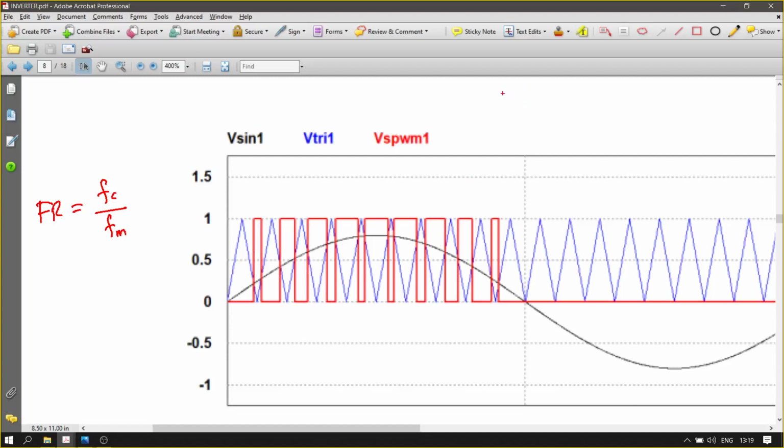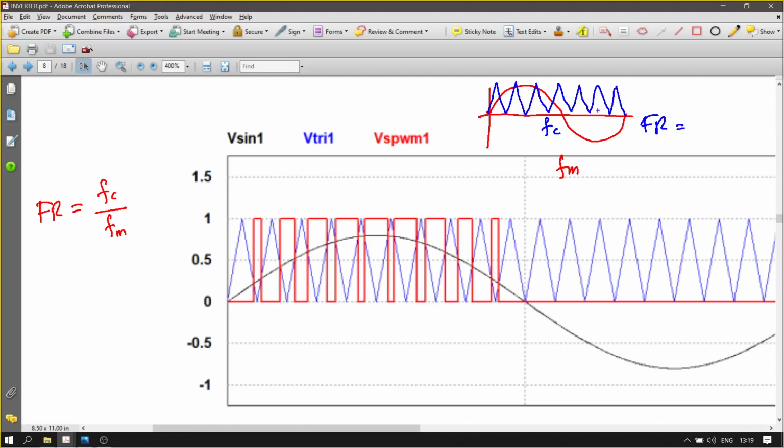If you have this as Fm, and you have this as the carrier signal Fc, what will be the frequency ratio Fr?